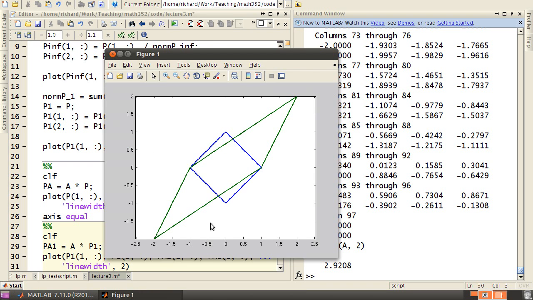Our 1 norm, remember, the unit vectors form that square that's rotated around to be a bit like a diamond, and we're looking for the largest 1 norm point on this resulting parallelogram. Think about it for a bit, and it's actually this point up here. The 1 norm of this point is going to be the x value plus the y value, 2 plus 2, so it's going to be 4. So my 1 norm of my matrix A is 4.